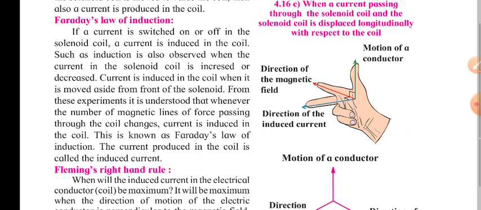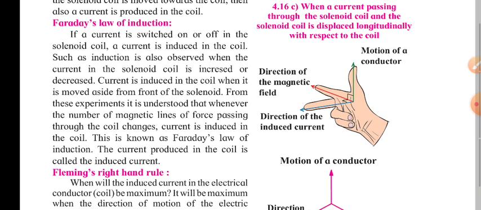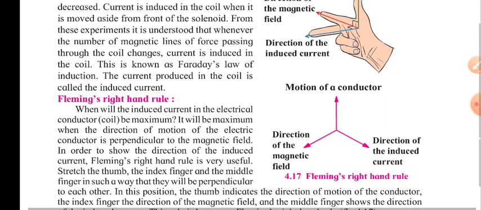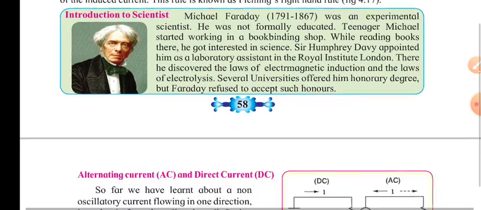So we have to place the middle finger in the direction of the induced current, then the index finger in the direction of the magnetic field, and then the thumb will give us the motion of the conductor.